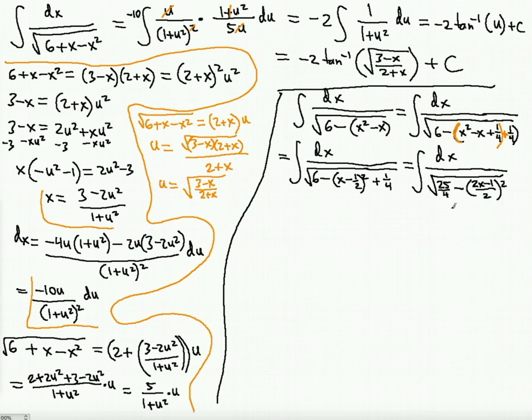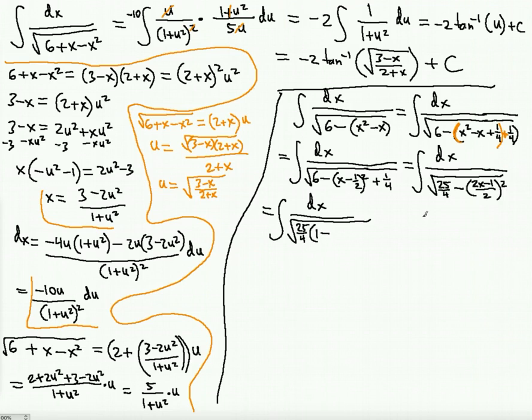So we can actually factor out the 25 over 4. You might say, but there's no 25. But there's a way to make sure that the 25 is still going to be applied here. The following is the way that you can do this. 25 over 4, we're going to take it out. So we're going to have 1 minus.